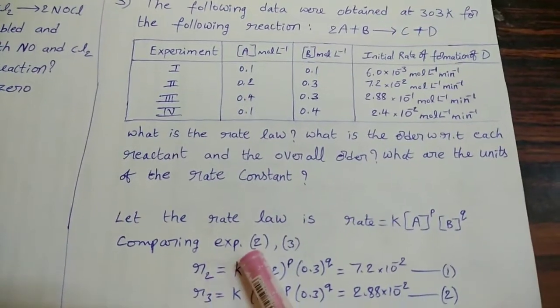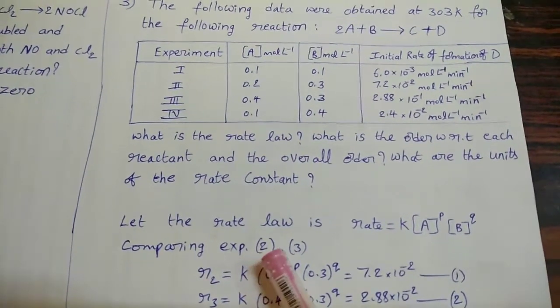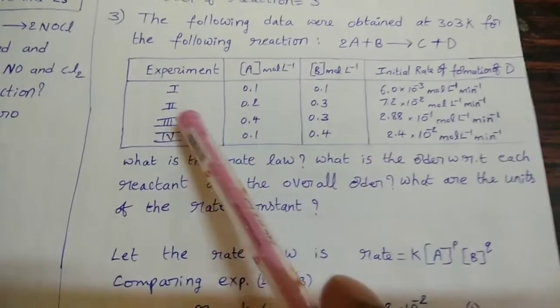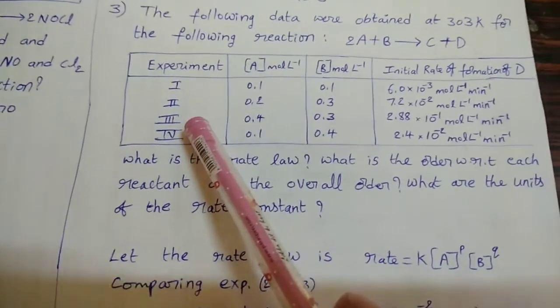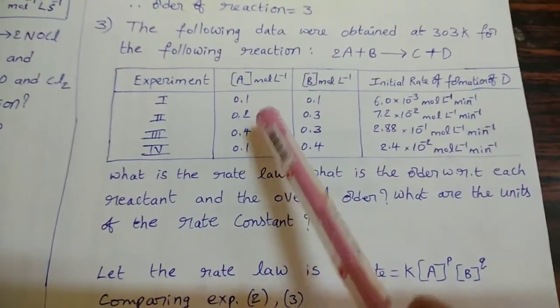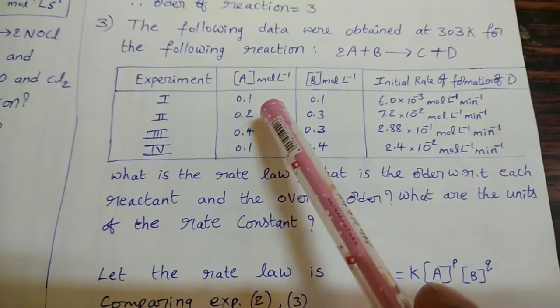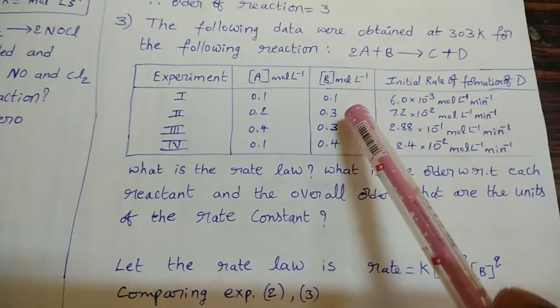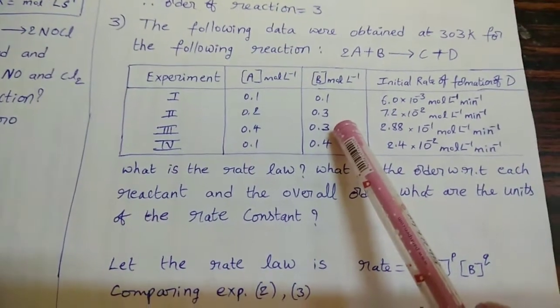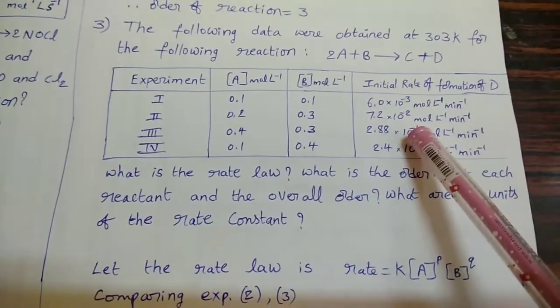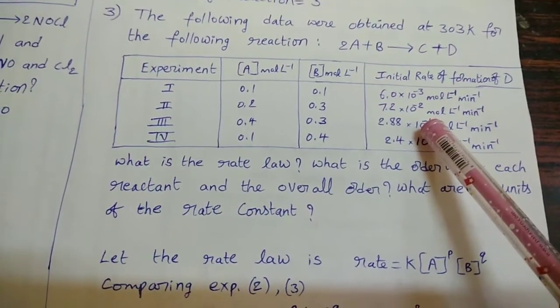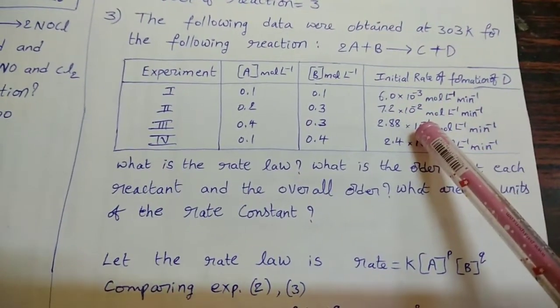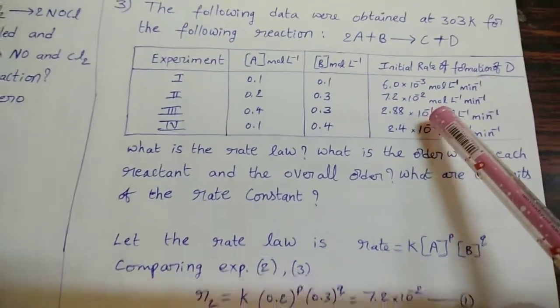Now comparing experiments 2 and 3. So this is 2, this is 3. In these experiments, the concentration of reactant A is doubled and the concentration of B is kept constant. Then what about the rate of reaction? The rate of reaction increased almost 4 times.